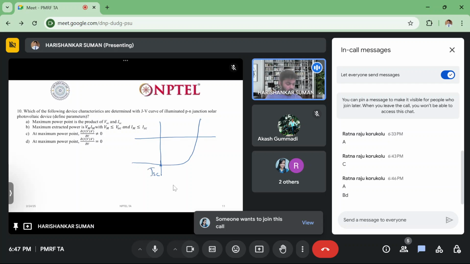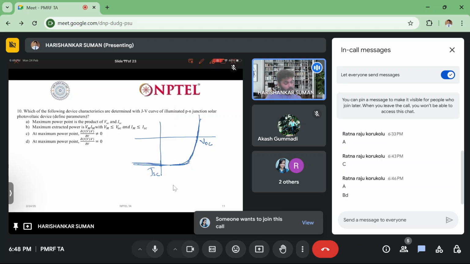This is JSC, this is open circuit voltage. So which of the following device parameters determine the J-V curve?